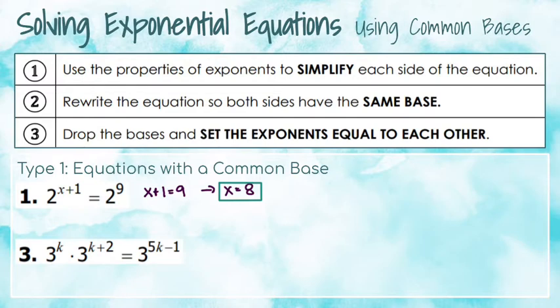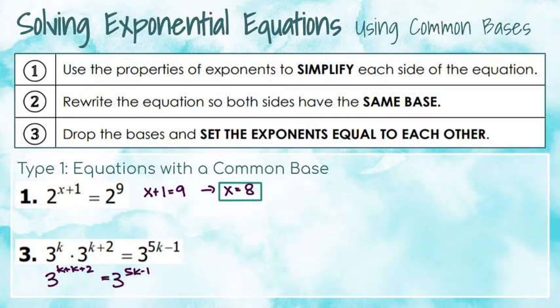So we keep the base the same, so the 3's don't change, but then we have k plus 2 equals 3 to the 5k minus 1. And now, you could have written this as 2k plus 2, that's fine. We're going to do that in the next step anyway.